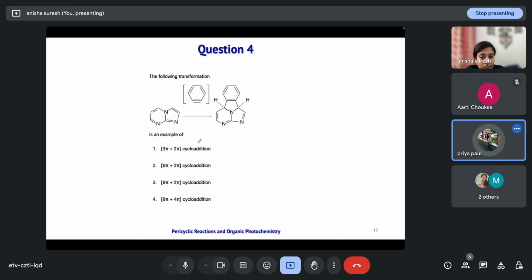8 pi 2 pi cycloaddition is the right answer. Here in the substrate, all the 8 electrons will be involved for the reaction to take place. Here at these two centers the bond is getting formed, but all these electrons will be involved. Like if you are considering, this is the benzene. So here 2 pi electrons are getting involved.